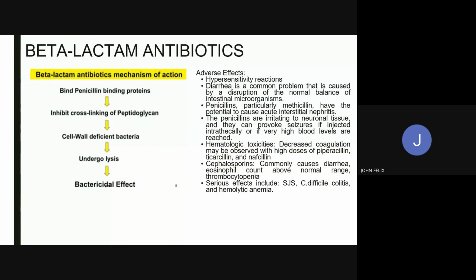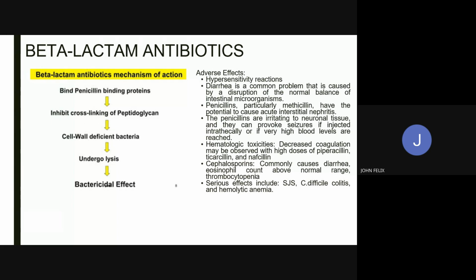First, we will focus on cell wall inhibitor antibiotics. As I said earlier, beta-lactam antibiotics are the main drugs in this class. The mechanism of action for all the beta-lactam antibiotics like penicillin, cephalosporin, and carbapenem is the same. The only difference is the binding site of each antibiotic. Beta-lactam antibiotics first bind to the penicillin binding protein and inhibit the cross-linking of peptidoglycan.